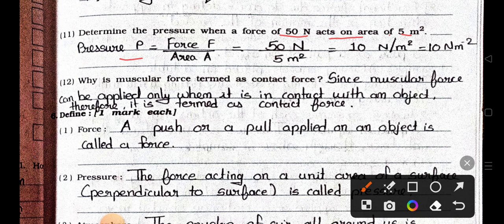So 50 Newton upon 5 meter square. 5 times 10 is 50, so the answer is 10 Newton per meter square. Or if m square goes to the upper side, then it's written as m raised to minus 2.